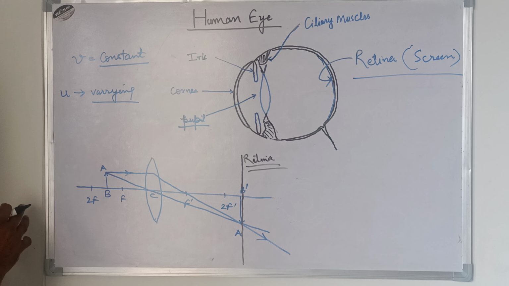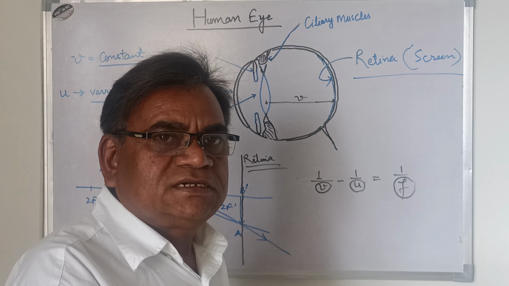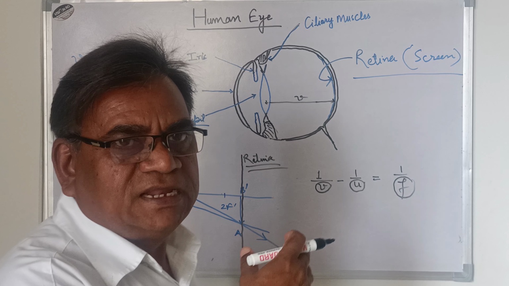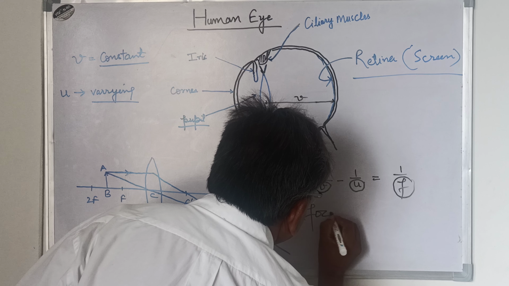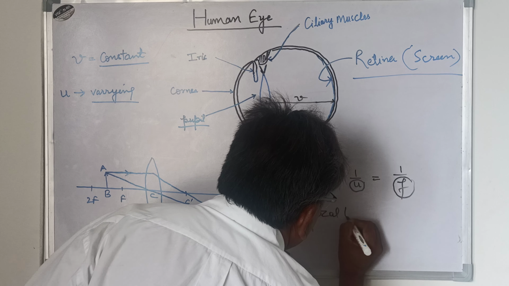As per the requirement, as per the distance of the object from my eye, from this lens, the focal length of the eye lens varies. V-A-R-I-E-S. It keeps varying. How is it possible? Varying the focal length means a thin lens has more focal length, and a thick lens has less focal length.